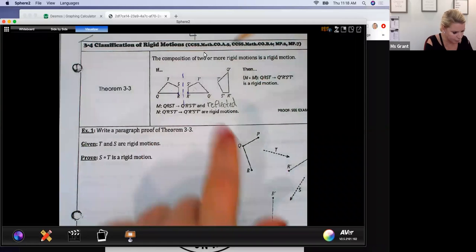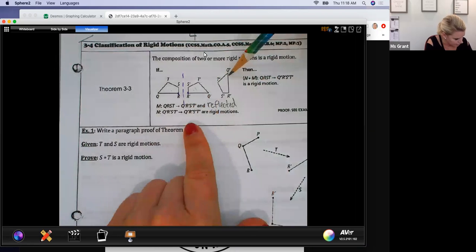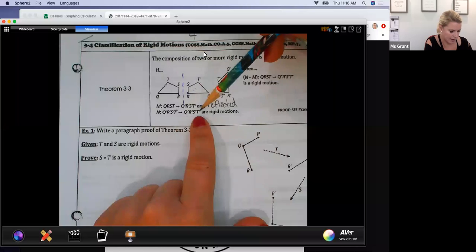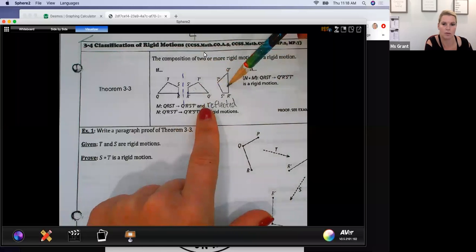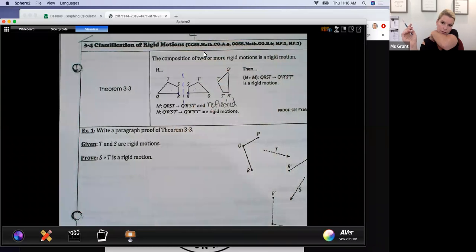Then I went from prime to double prime. How did I get from QRST prime to QRST double prime? How did I get from here to here? I like hands, not yelling out. Kenneth.